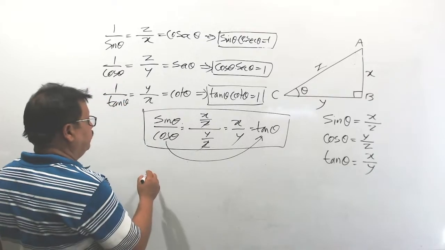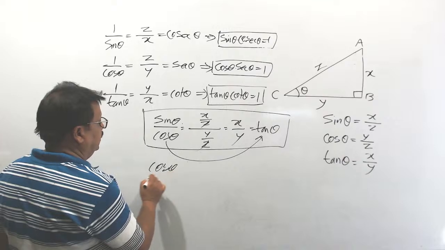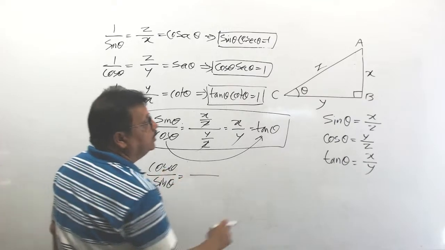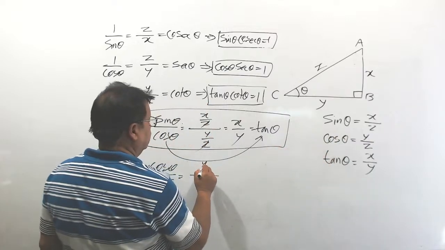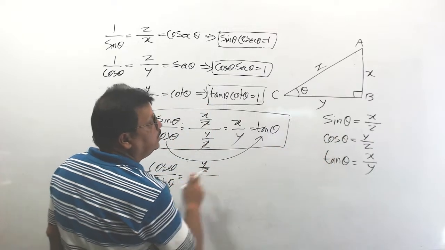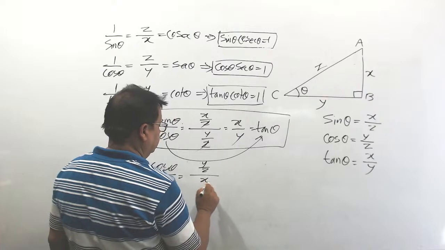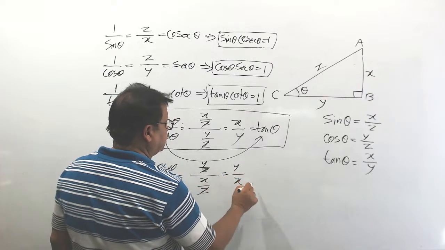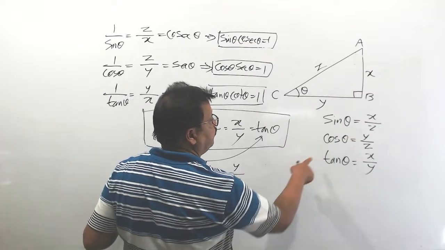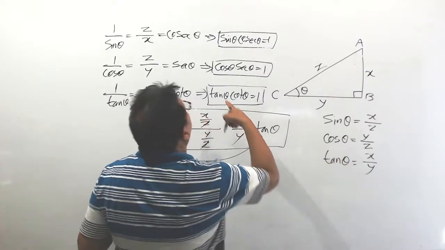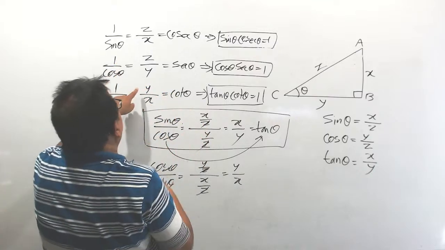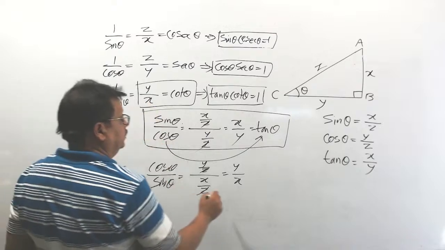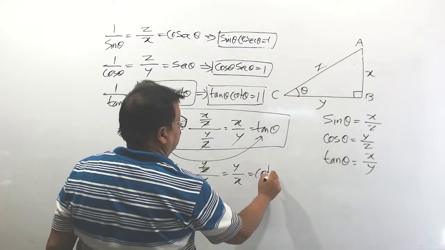Another one: cos theta by sine theta. What is cos theta? Y by z. What is sine theta? X by z. Z cancels. That means y by x. Y by x is equal to cot theta.